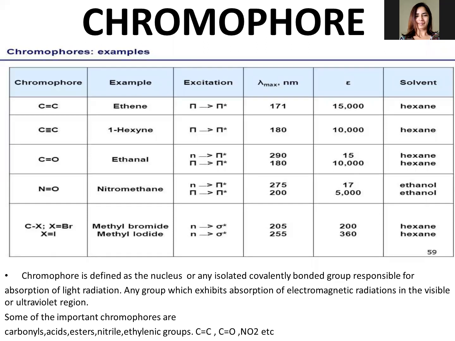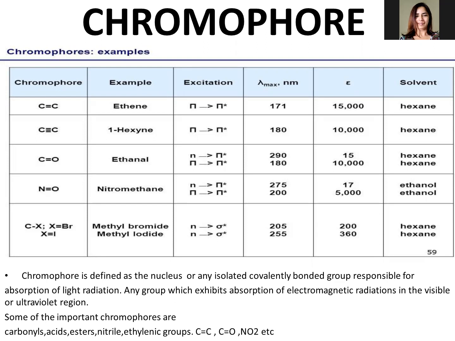Examples of such chromophores are carbonyl compounds, nitriles, azo, etc. So chromophores are just the functional groups which intensify the color.